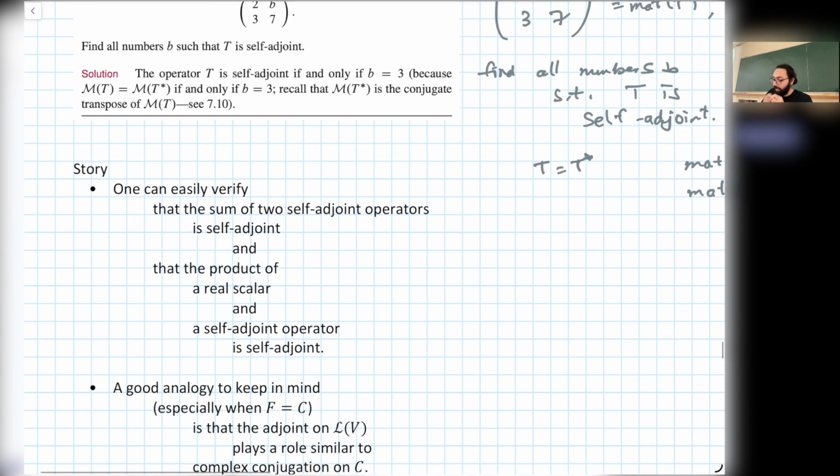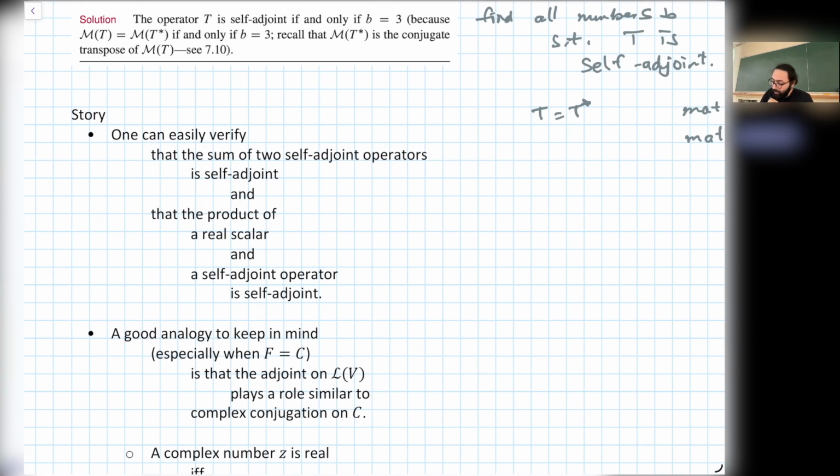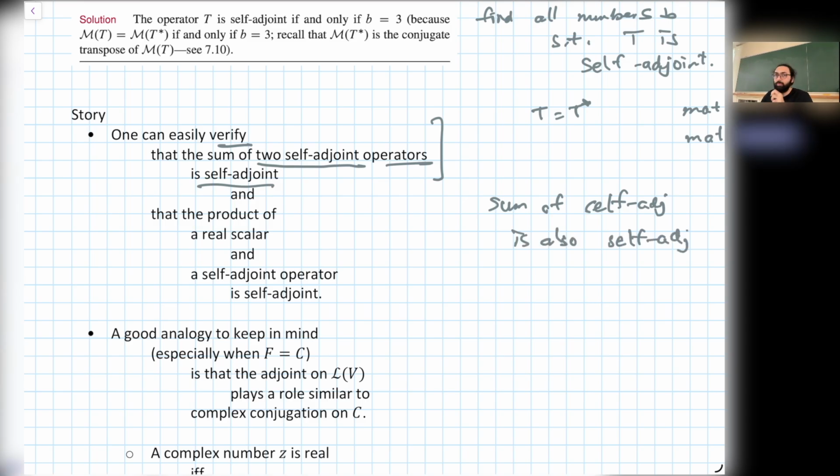Now, let's continue then. It says that one can easily verify that the sum of two self-adjoint operators is self-adjoint. This is easy to see just because of linearity.